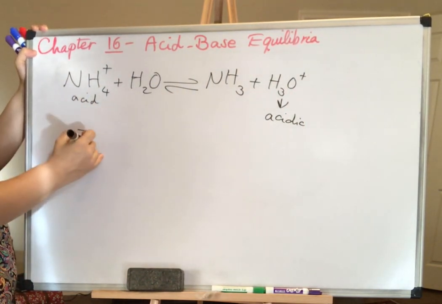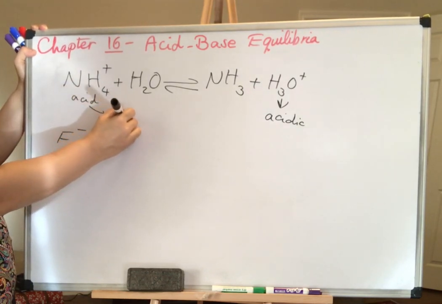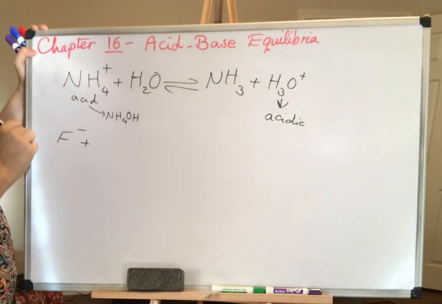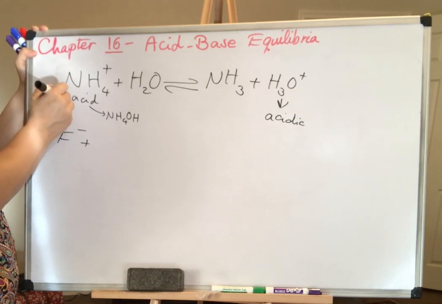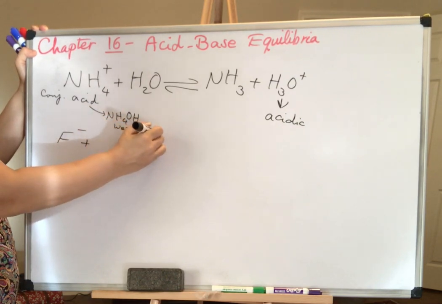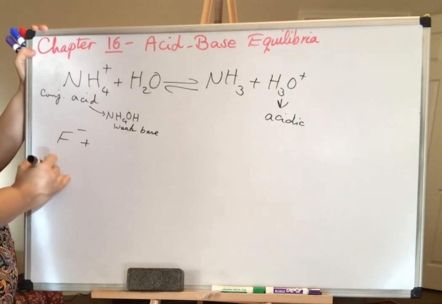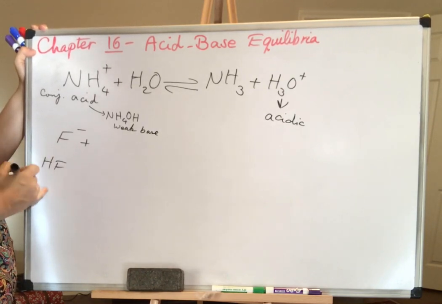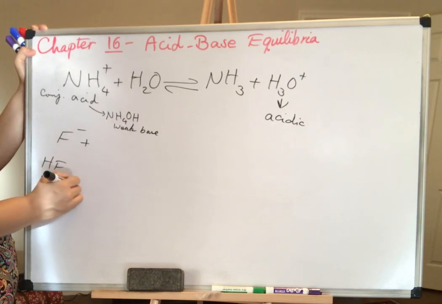Fluoride, so this comes from NH4OH, right? This is the conjugate acid of a weak base, we said. F, you combine it with H. What type of acid is it? It's a weak acid.